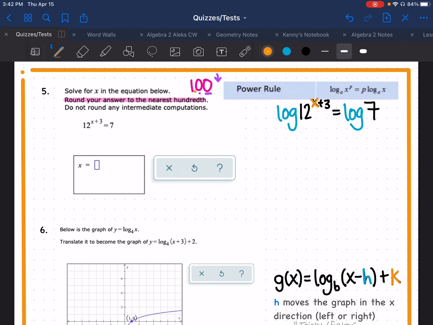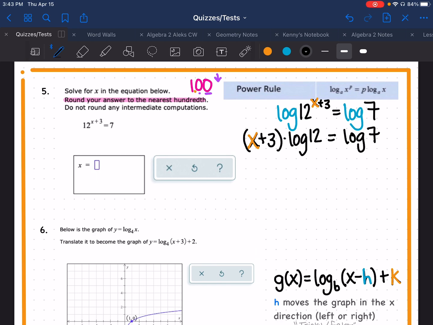Okay, they undo each other. So I can take the power rule and I can bring that x plus 3 in front of my log of 12. Okay, and there is multiplication in there, of course.